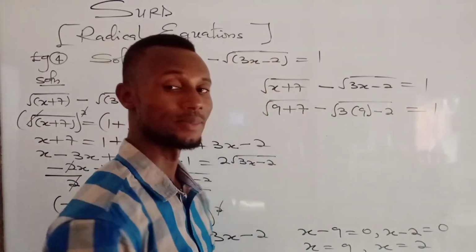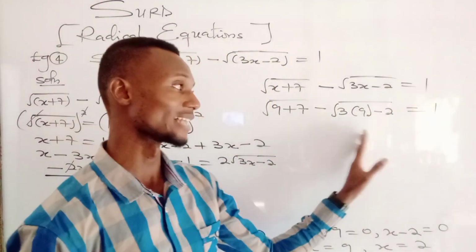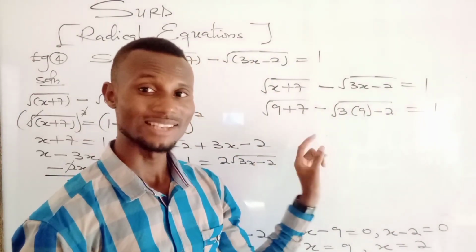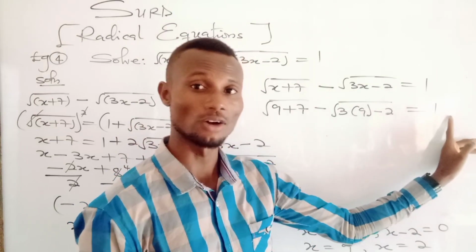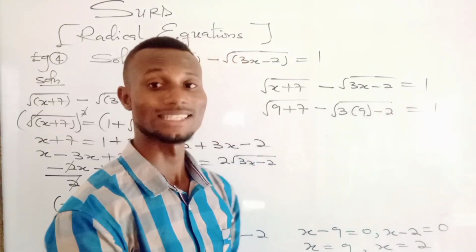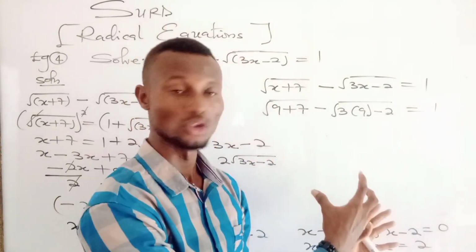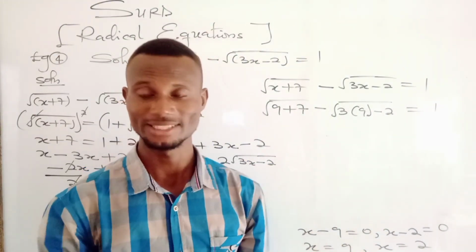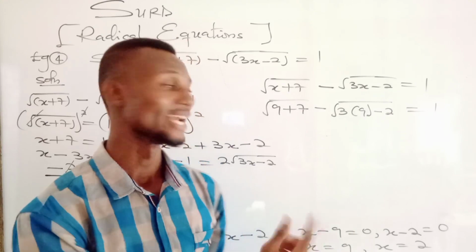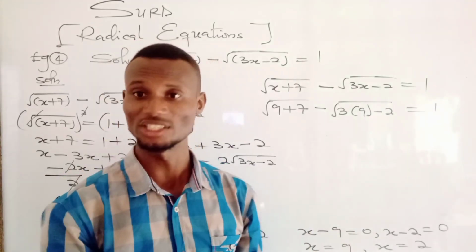What that means is that the left hand side of the equation should give us the same value as the right hand side of the equation. So if the two values are the same, then it means s equals to 9 satisfies the equation, and for that reason s equals to 9 is a solution to the equation.